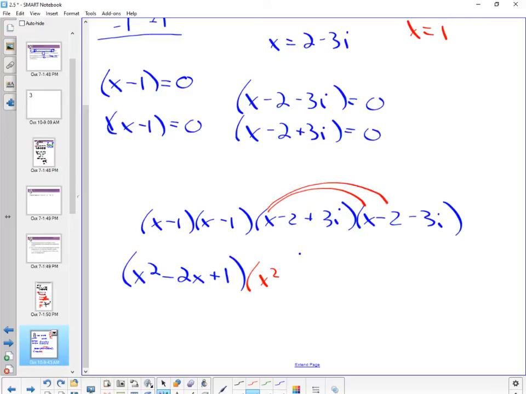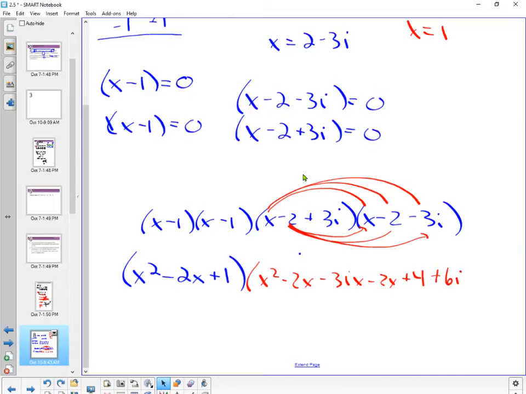Minus 2x. What's this going to give me? Minus 3ix. Now, what's this going to give me? Minus 2x. Then I've got plus 4. Then I've got plus 6i.